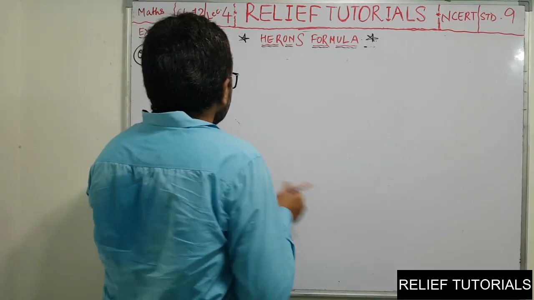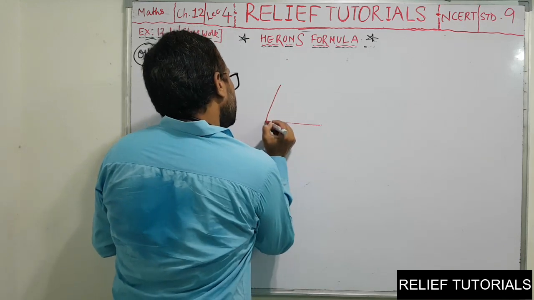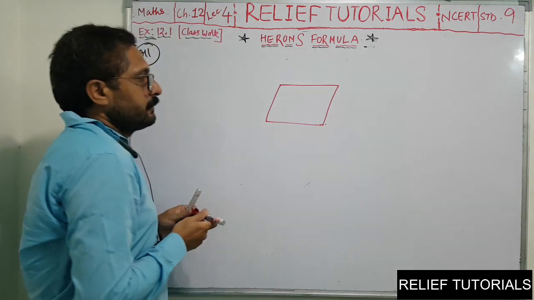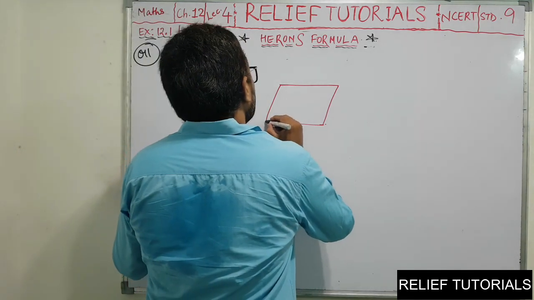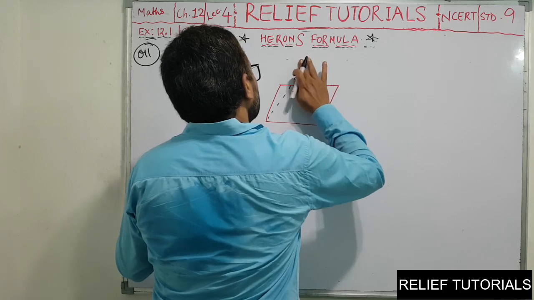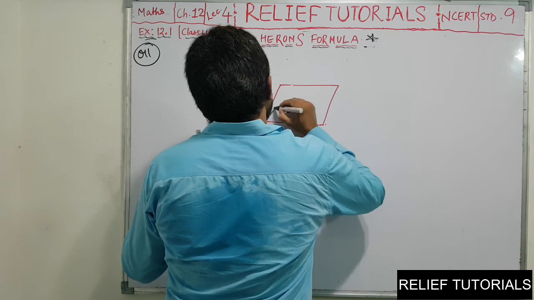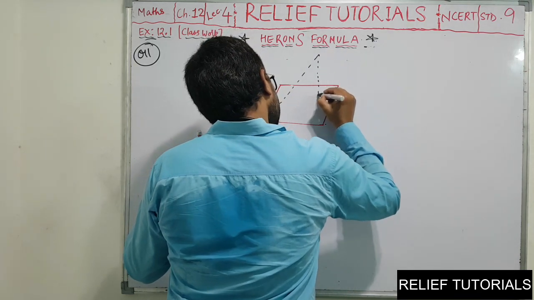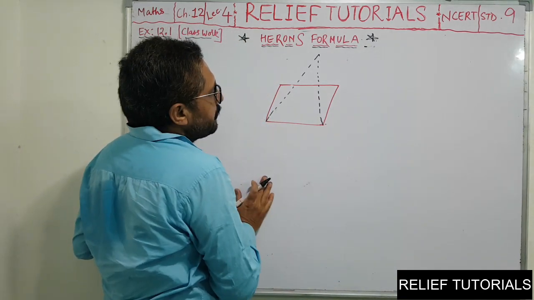See, I will draw the diagram. This is a parallelogram. And we have one triangle. Just for your understanding, this triangle and parallelogram have the same base.